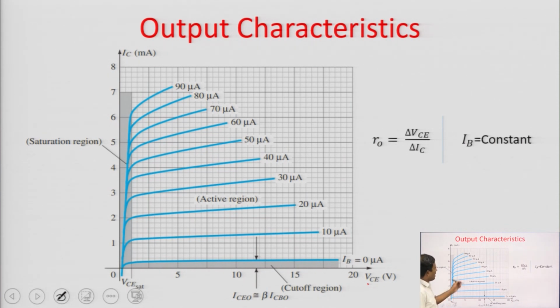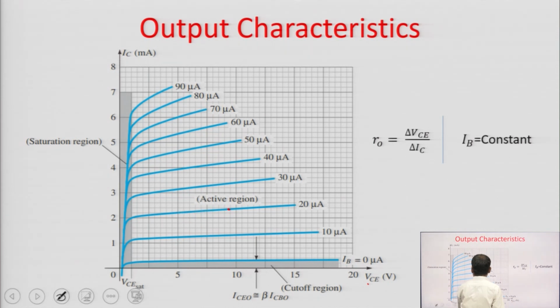Now, first of all, I am going to define the output resistance. What is output resistance? R naught is equal to the change in output voltage upon change in output current. That is delta VCE upon delta IC, but in this condition the base current should be constant, because suppose at base current equal to 20 microampere, I am taking 2 points.